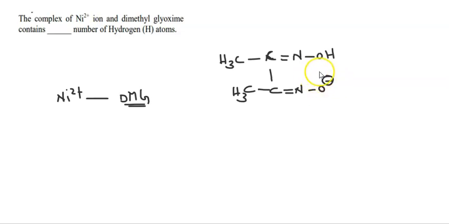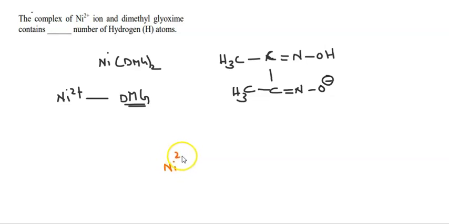It is a negatively charged bidentate ligand, and nickel forms the complex called Ni(DMG)2. That is the scarlet red colored complex used for the identification of Ni2 plus.